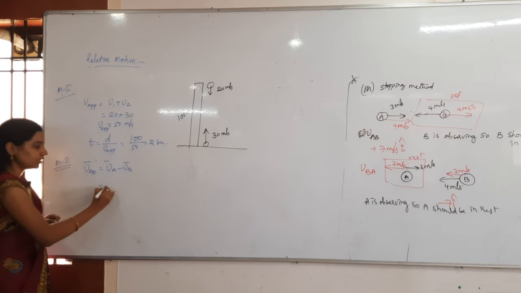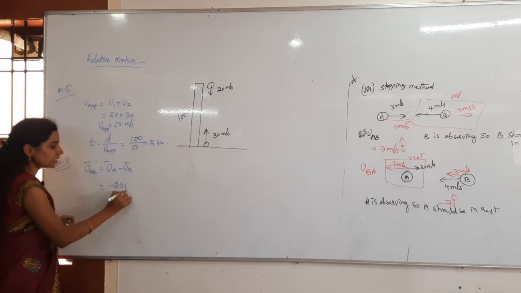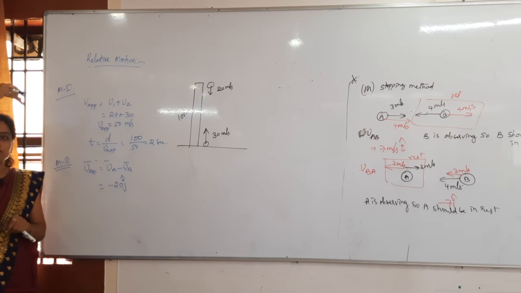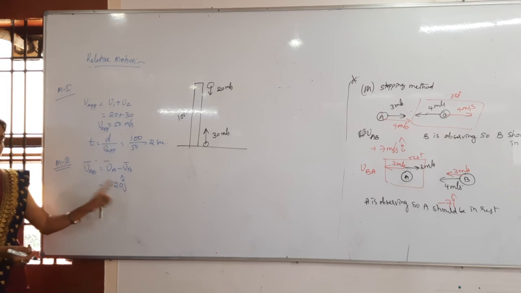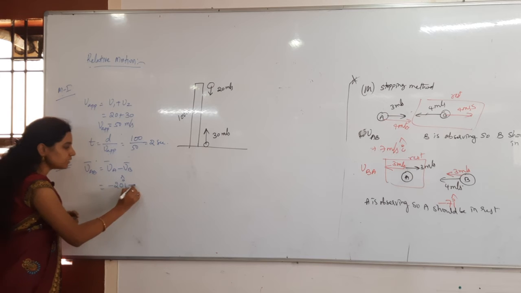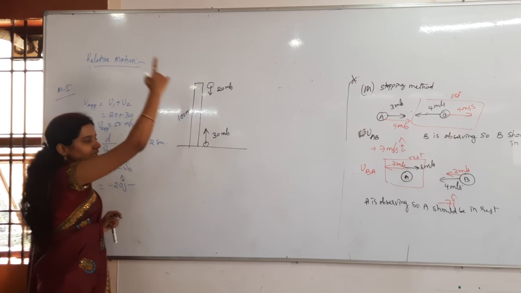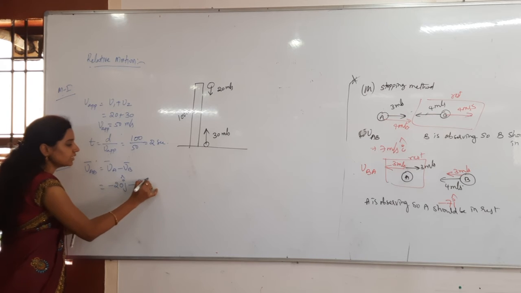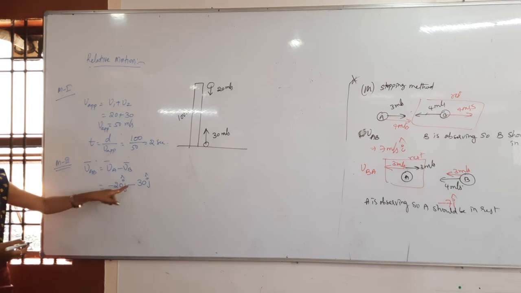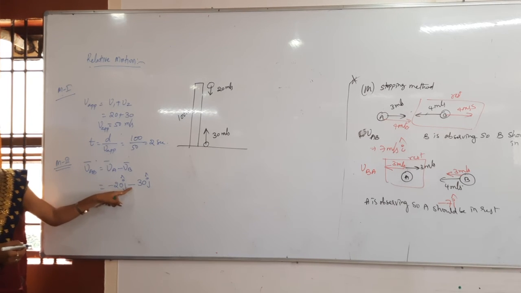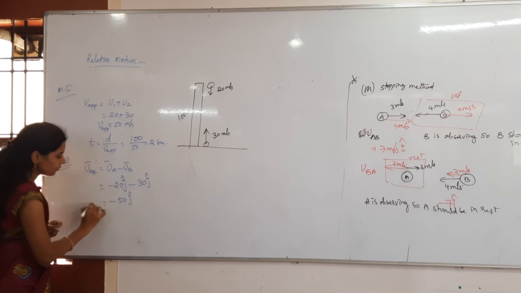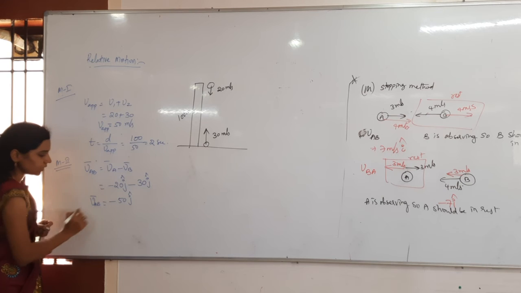Downward, nothing but minus 20 j cap, along the negative y axis. Then minus VB. B is moving in which direction? Positive y axis, nothing but 30 j cap. This minus is the formula minus. So totally how much? Minus 50 j cap. This is VAB.